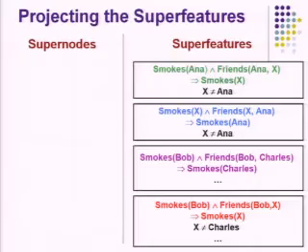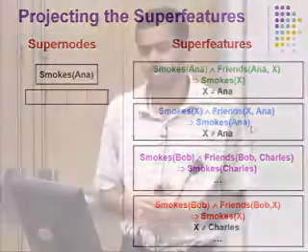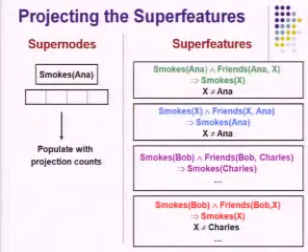Now, having constructed these superfeatures, let's see how I construct the supernodes. I again used a different color coding for each superfeature, and what we want to do is project them on each ground predicate, that is smokes of Anna, smokes of Bob, and so on. There is this box of 4 counts, one for each superfeature, and we populate it with the number of ground features which projected on smokes of Anna, the projection counts.